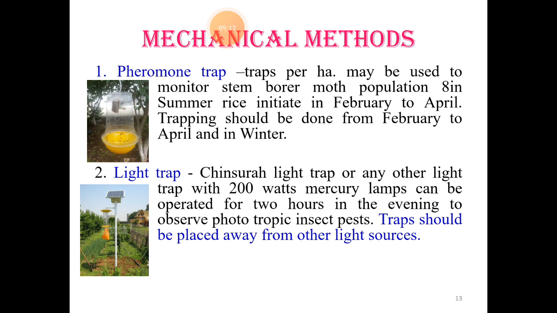Usage of traps for pests includes two types of traps which are commonly used. Number one, pheromone traps. Number two, light traps. The trap at its central part has pheromones or sex attractants.